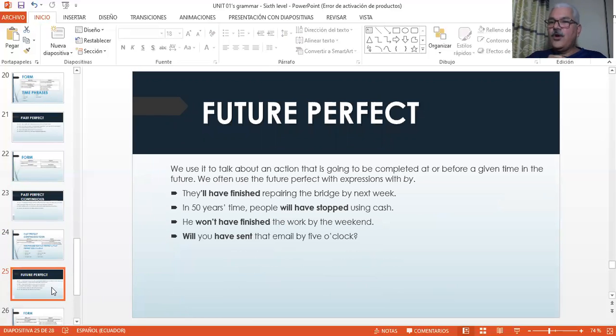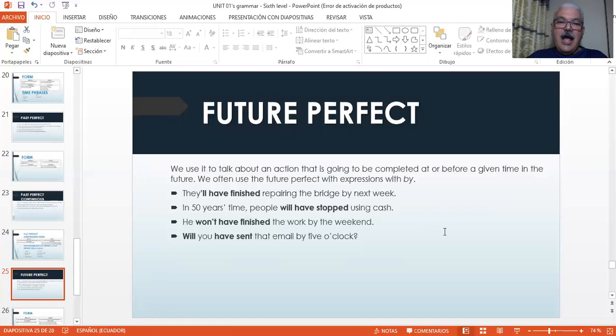Future perfect. We could also express perfectiveness with future. Future perfect is used when we talk about an action that's going to be completed at a given time, before a moment in which the main action is going to be, let's say, observed or seen.